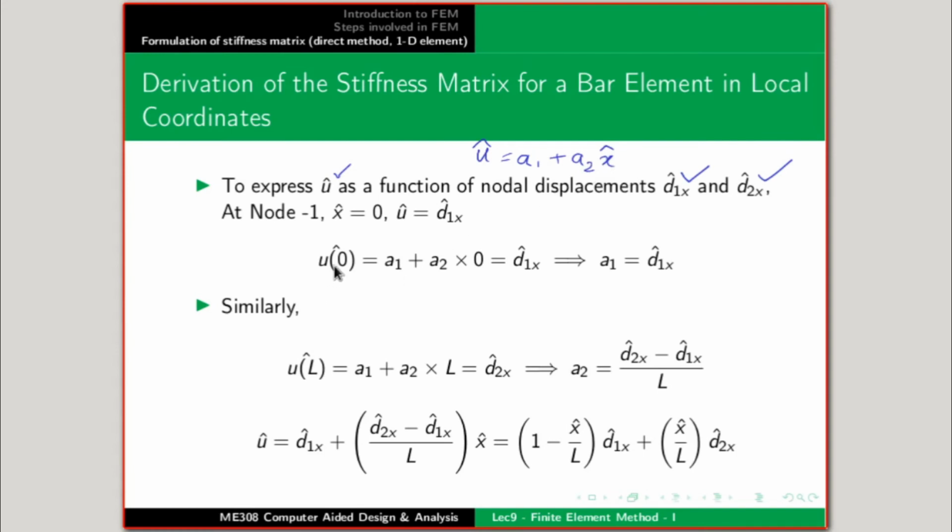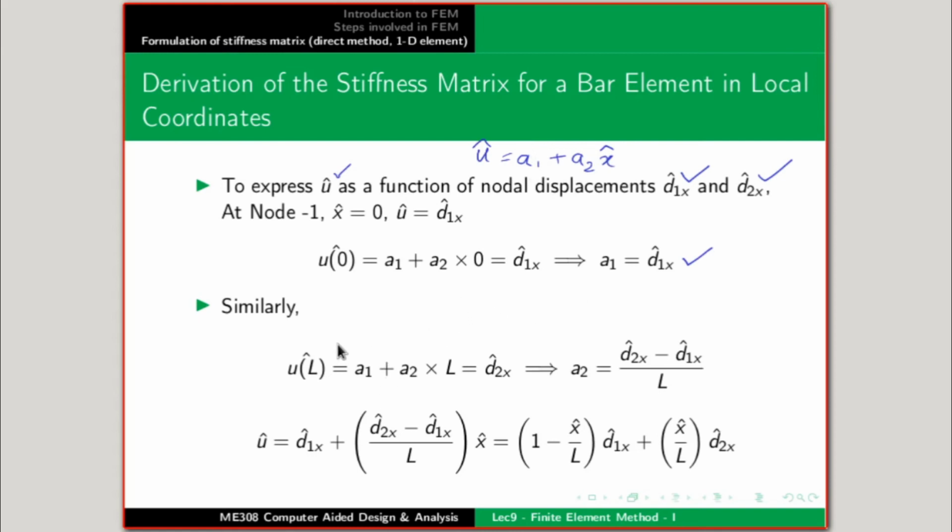So we get the displacement at the first node, u cap of 0 equal to a1 plus a2 into 0. We already know that the displacement at node 1 is d1x cap, so a1 equals d1x cap. So we got one of our constants, a1 equal to d1x.